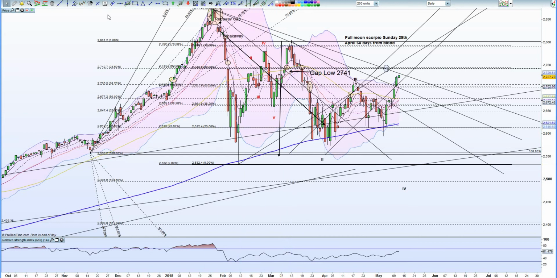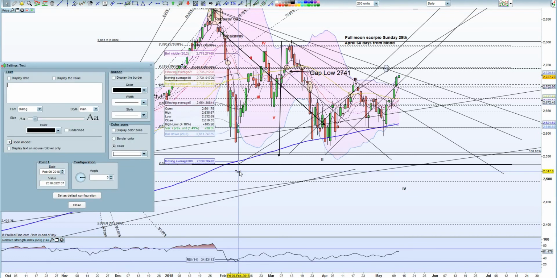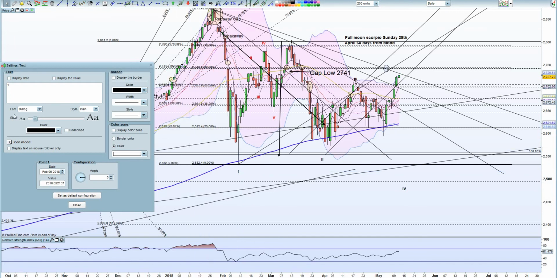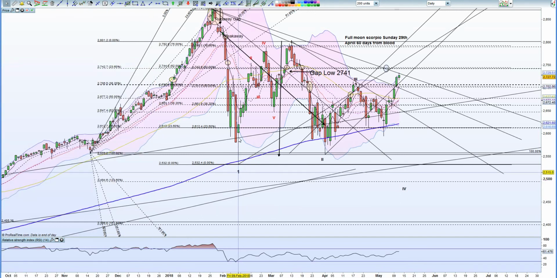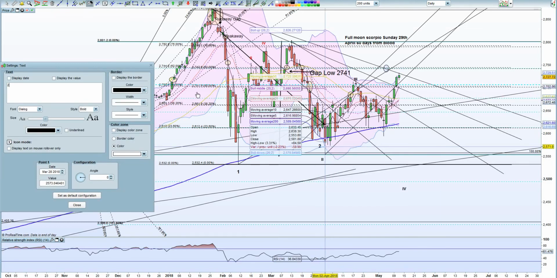Now, for those who are familiar with the Gann method, Gann had this rule he called the rule of 4, and basically it is, let's put that in there. So we had one test of the 200-day moving average. We had a second test.